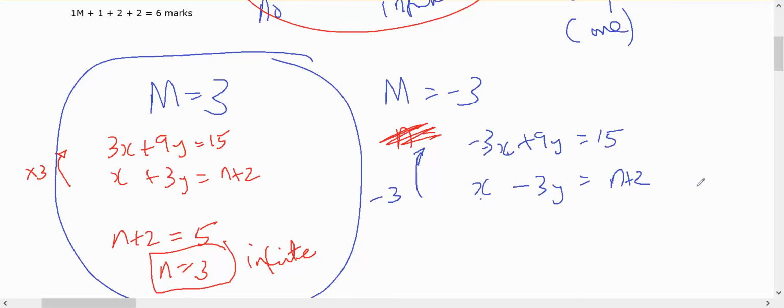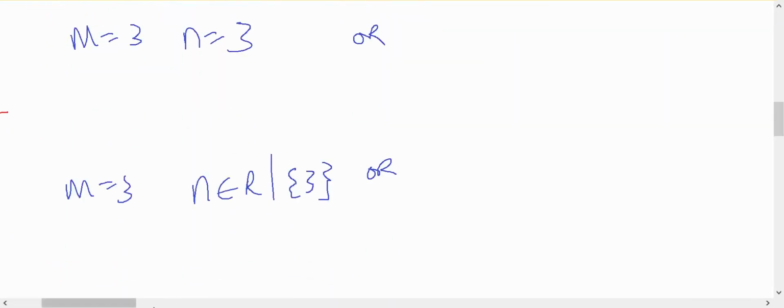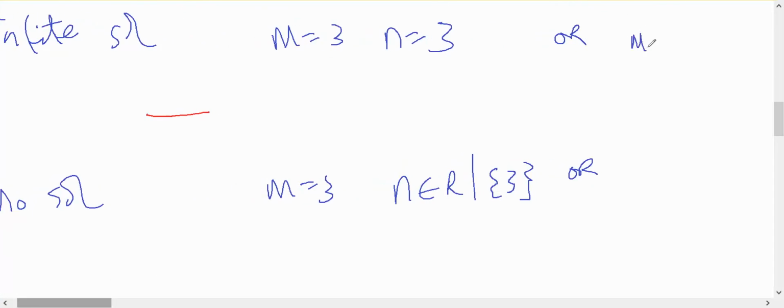So -3, I'd want n plus 2 to equal -5. And then -3 times -5 gives 15. So n equals -7. That's going to give me the infinite solutions. So for my infinite solution answers, if m equals -3, n has to equal -7.